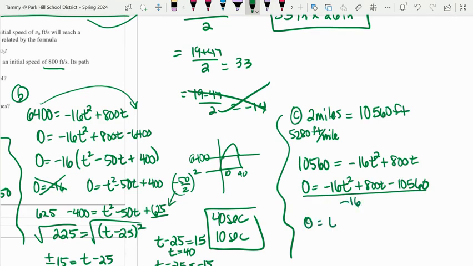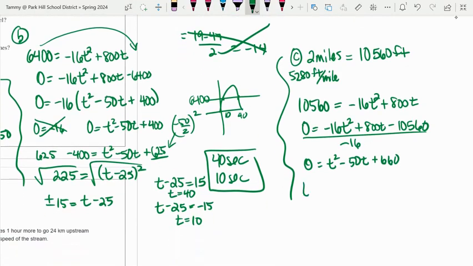So 0 equals t squared minus 50t, and I divided that and got plus 660. Let's use the quadratic formula. t equals 50 plus or minus the square root of negative 50 squared minus 4ac, which would be 660, all over twice a, which is 2.